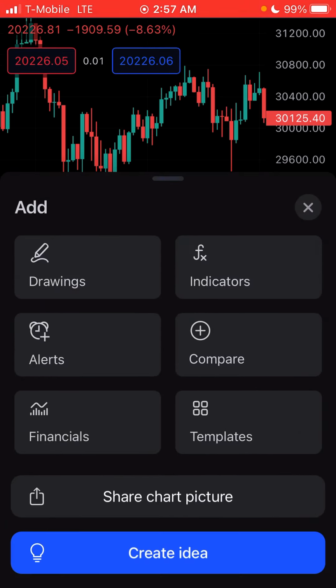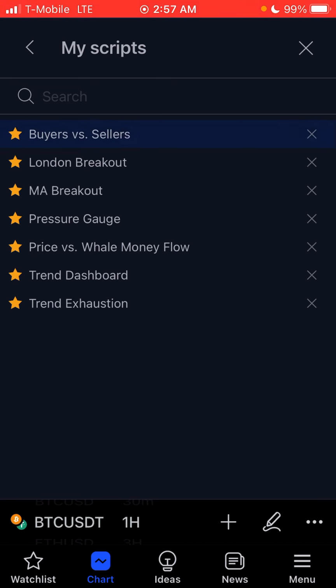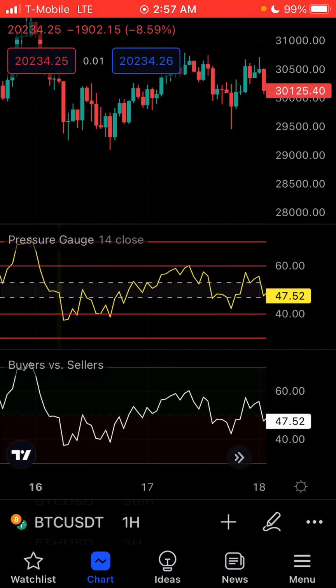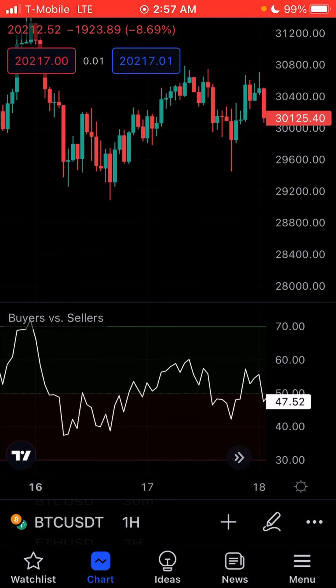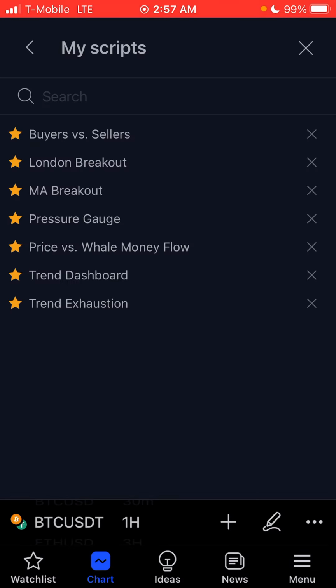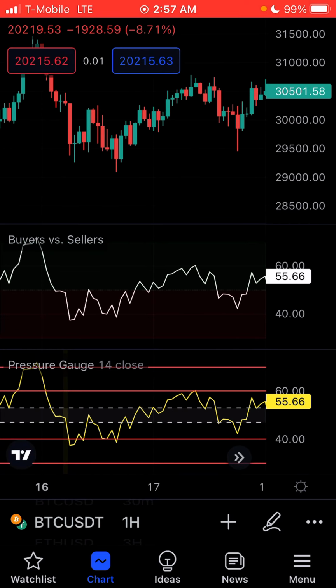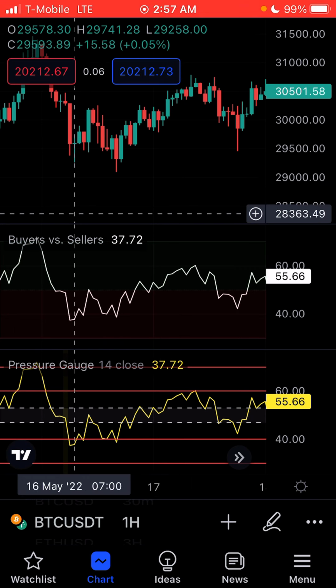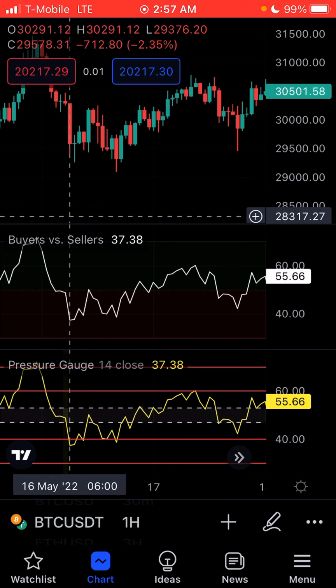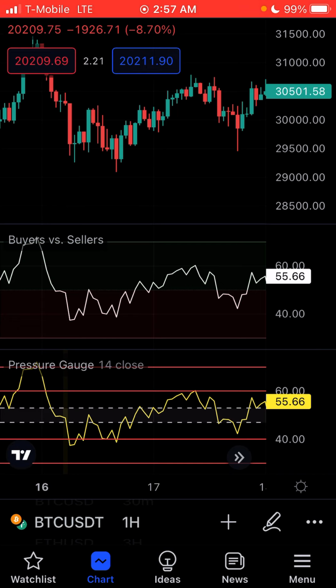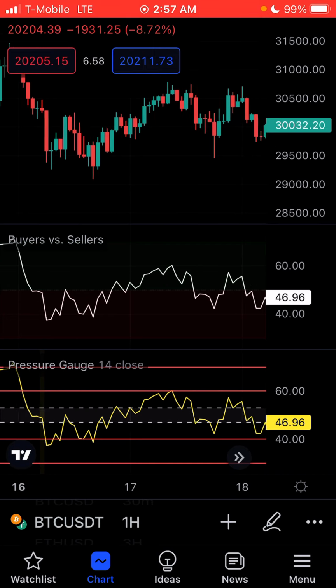So let's load up the buyers and sellers and see. Okay. So where is the white line when the pressure gauge is there? It's in the red. So what happens?